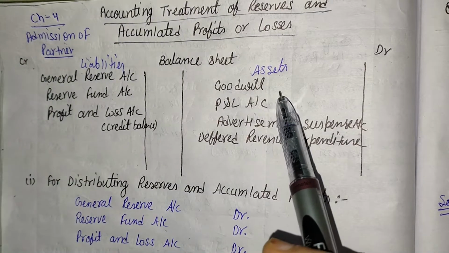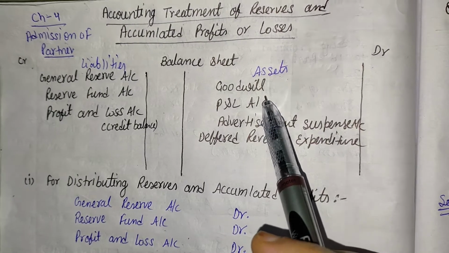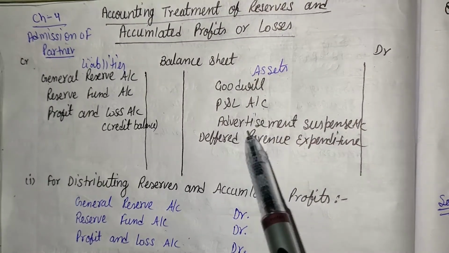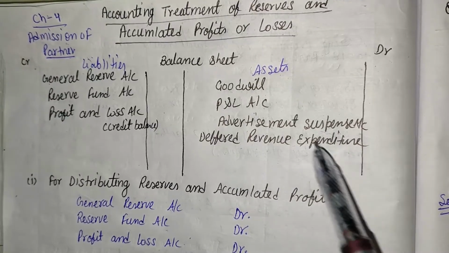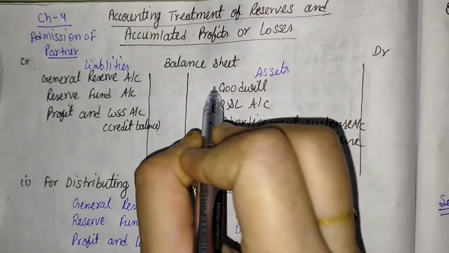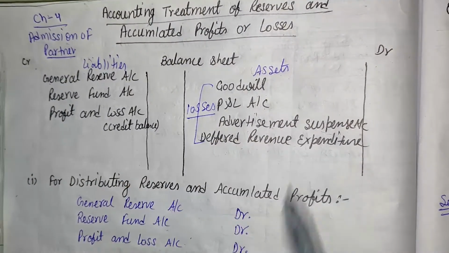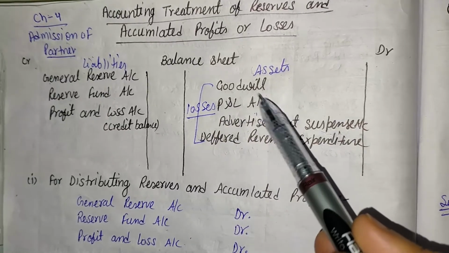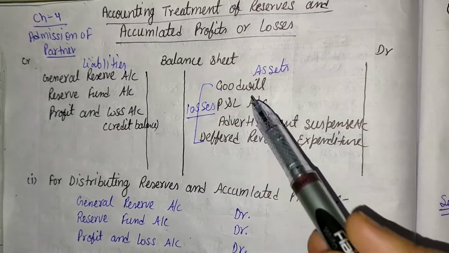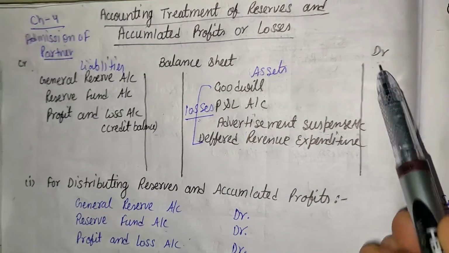Here, if information like goodwill, profit and loss, advertisement suspense, deferred revenue expenditure is given in the balance sheet, it means all are losses. They are categories of losses. It means any one item among these is called a loss, and it is on the debit side.